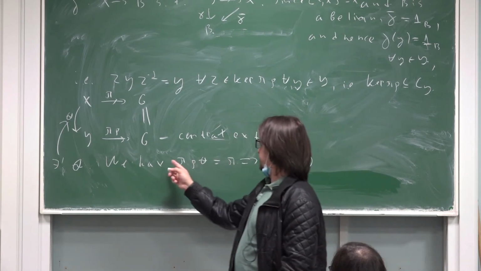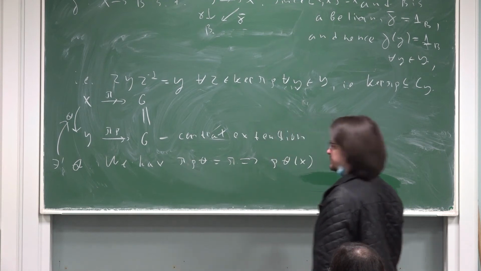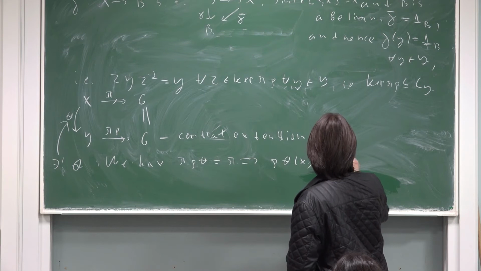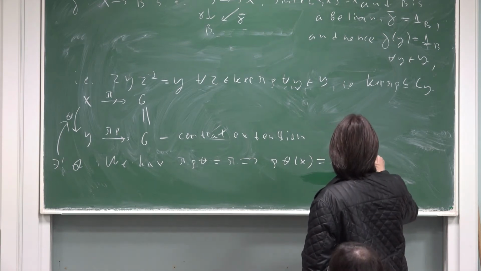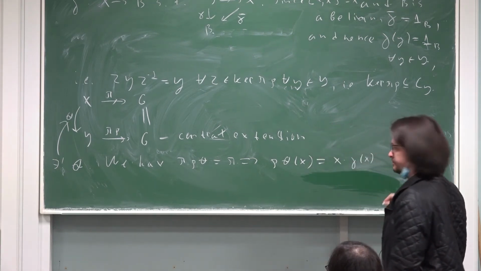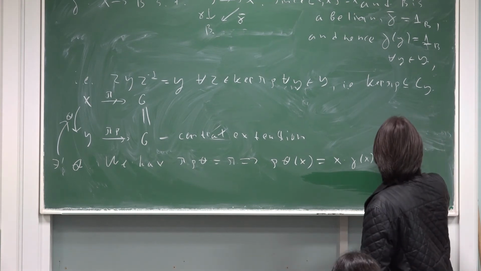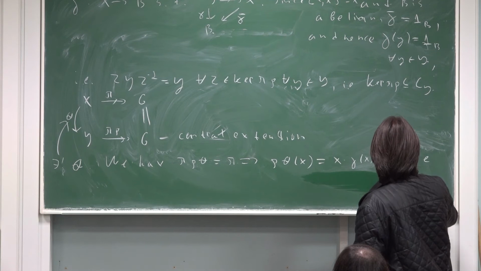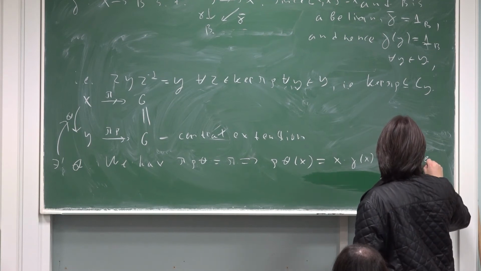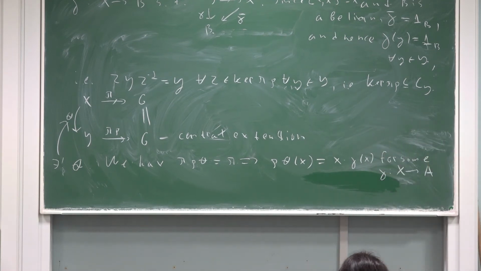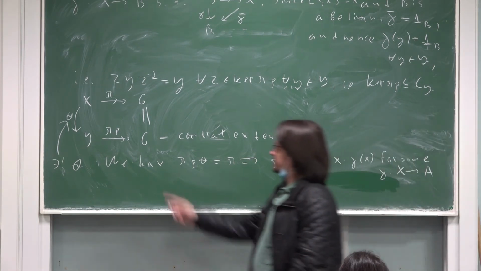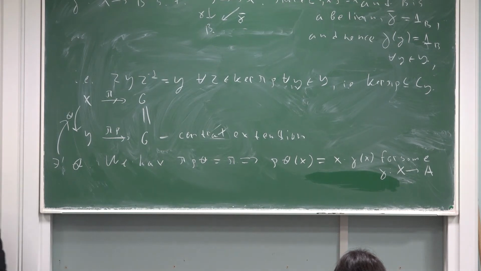Since after application of π we have the same thing as on x, then it is x times γ of x for some γ from X to A, yes, because this γ of x has to lie in the kernel of π.